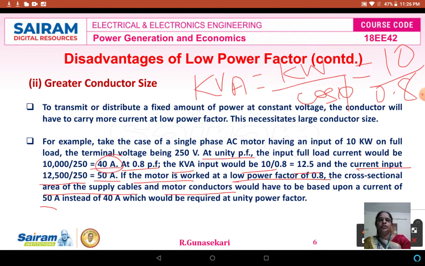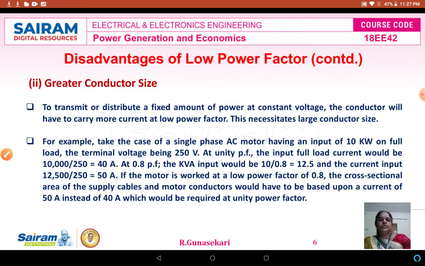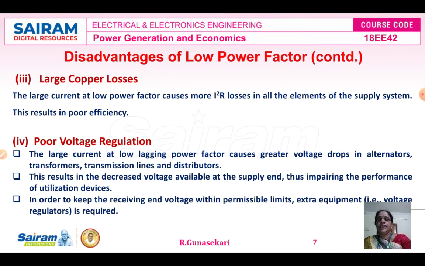If the power factor is reduced from unity to 0.8, the current increases from 40 to 50. So the current increases, which means the size of the conductor also increases. This is the greater conductor size. Students, I hope you understand from the example how the conductor size increases based on the low power factor. This is the second disadvantage.